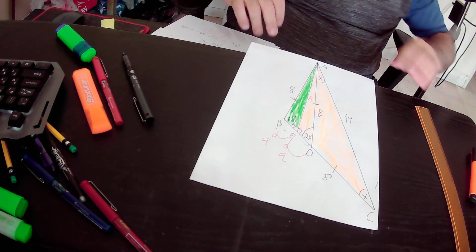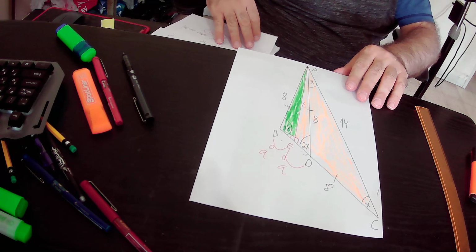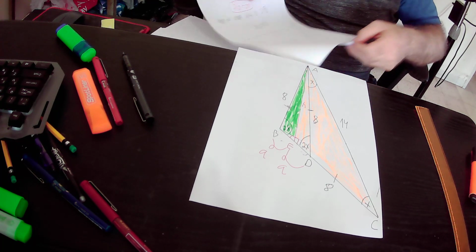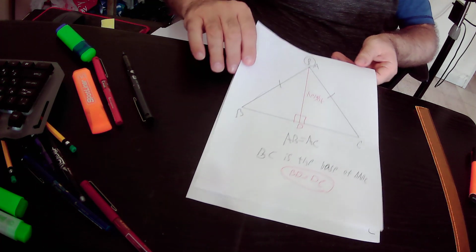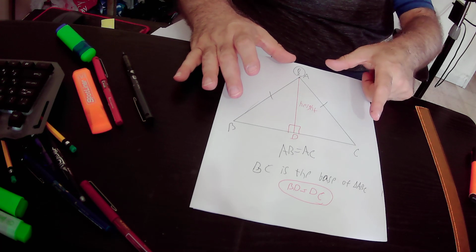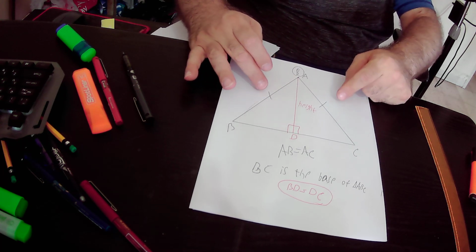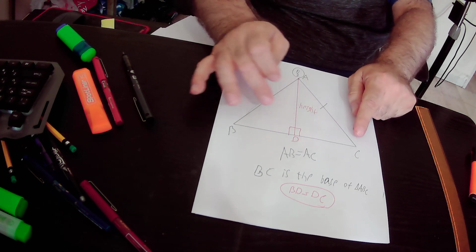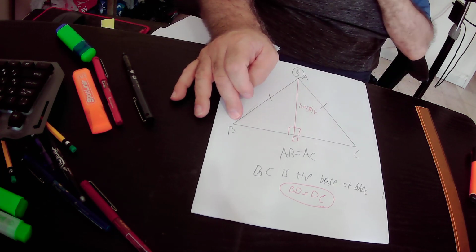And then I presented to you rule number 3 that talks about isosceles triangles. First of all, if triangle ABC is an isosceles triangle, then AB equals AC. Those two sides are equal to each other, and the base of this isosceles triangle is BC.